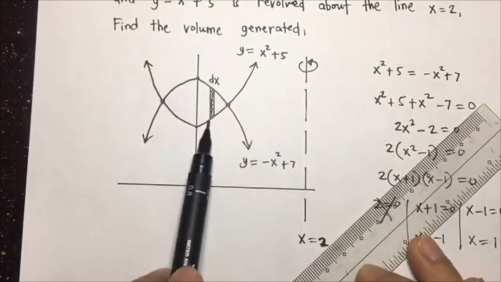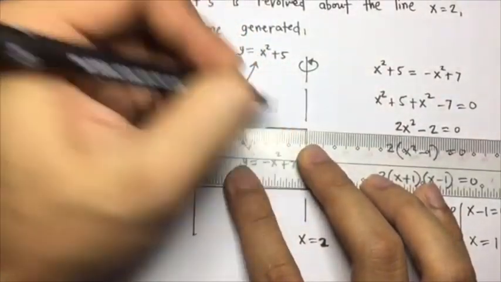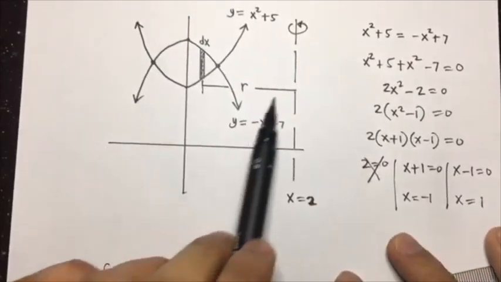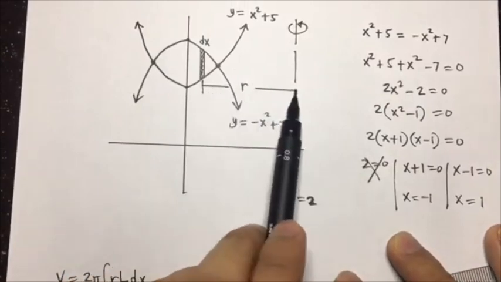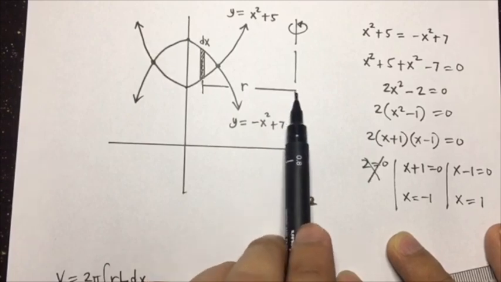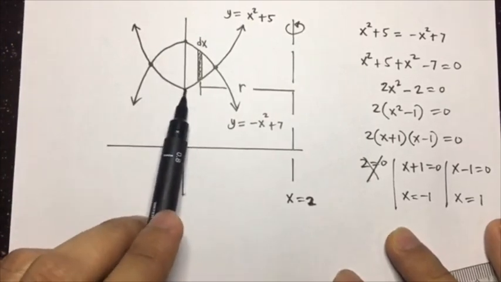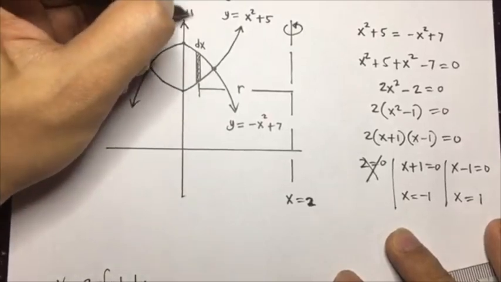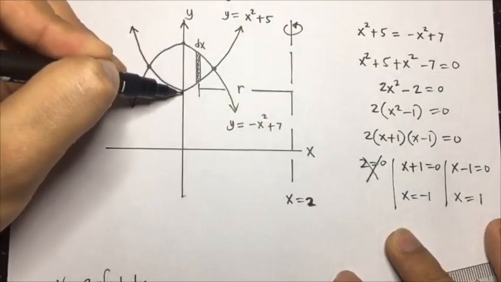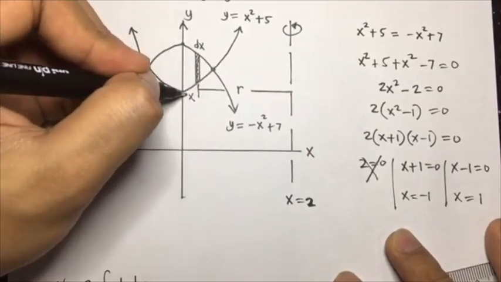Where our R is the distance from the axis to our strip. This distance is our R. Our R can be solved by xr minus xl. From the y-axis, sorry, we haven't labeled it, to the strip, the distance is x, right?